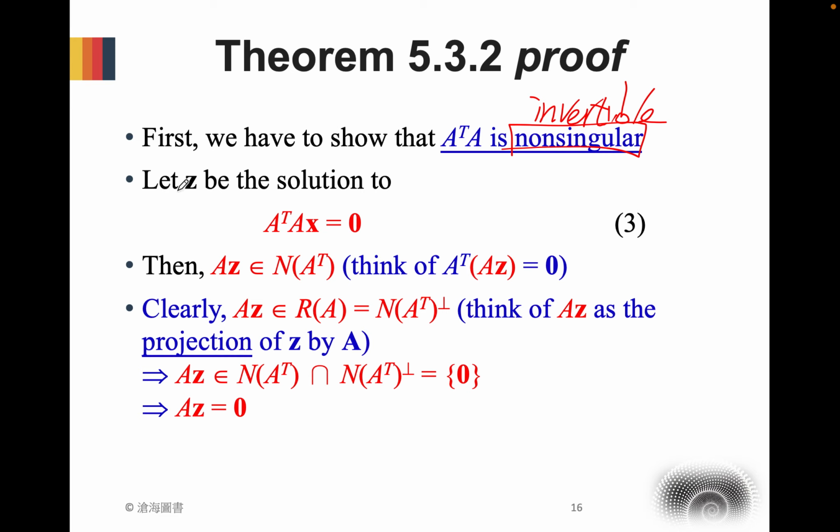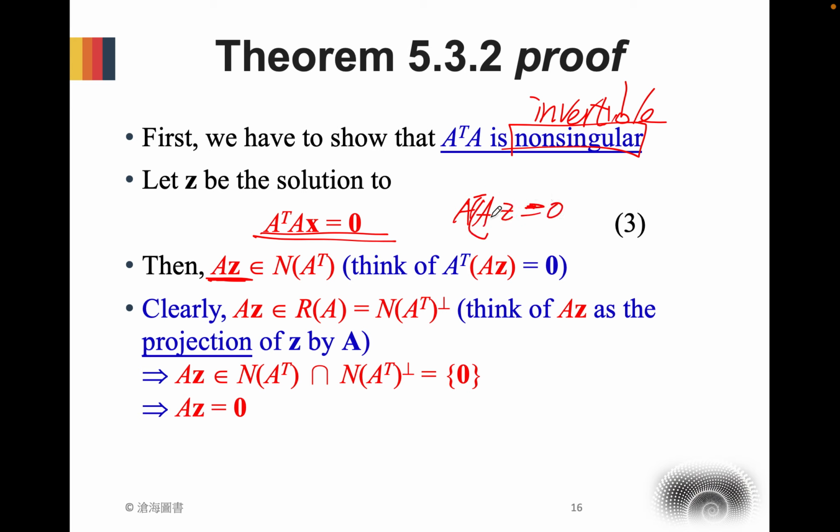So let's prove it. Let z be a solution to this system, so A transpose A x equals 0. Okay, and if z is a solution to this, then A z should be in the null space of A transpose. Why? Because A transpose A z is equal to 0, right?